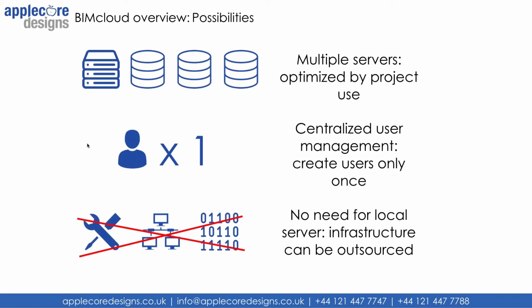This flexibility also gives us opportunities to manage the data differently now. So for example, like previously said, we can have multiple servers, so we can optimize by project use and office location. Centralized user management means that you only need to create users once, which means that your IT department will not be backed up.